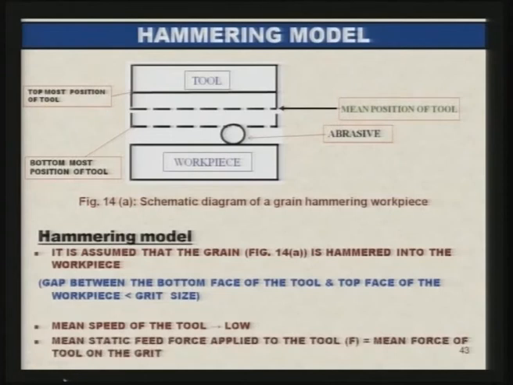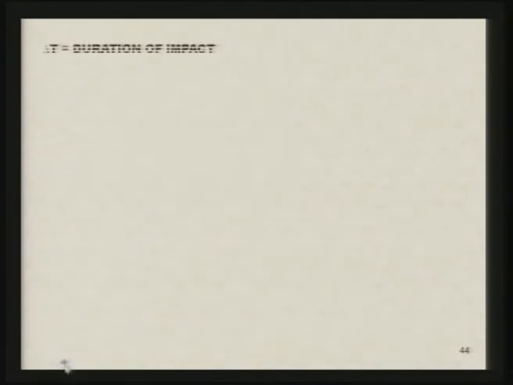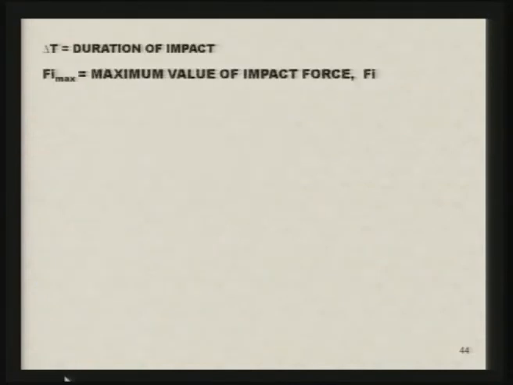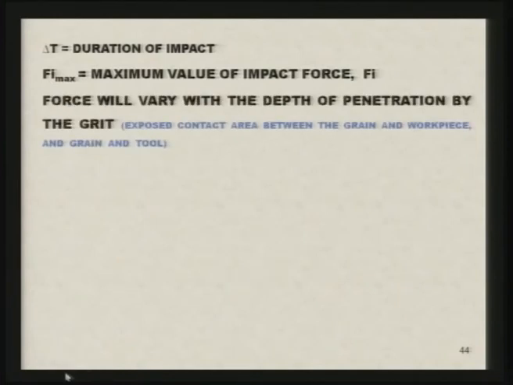Mean static feed force is applied to the tool and it is expressed as F, and this is equal to the mean force of the tool on the grit. Delta T is the duration of impact. Fi maximum is the maximum value of impact force Fi, which is acting on the abrasive particle.